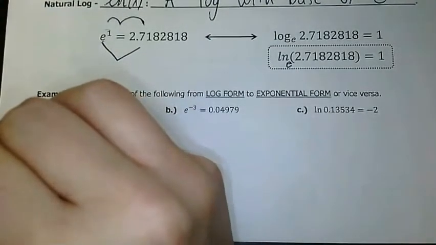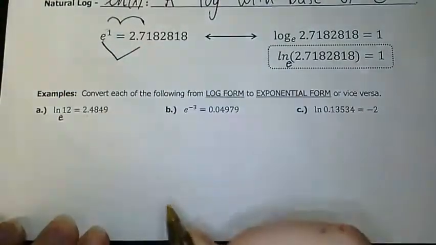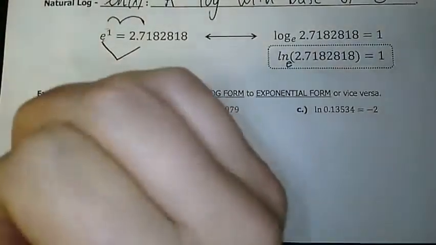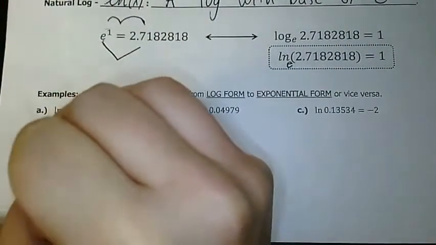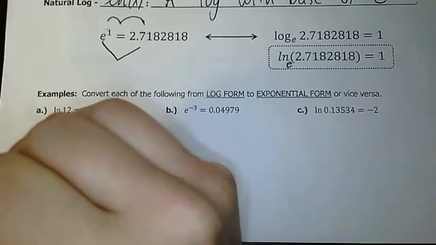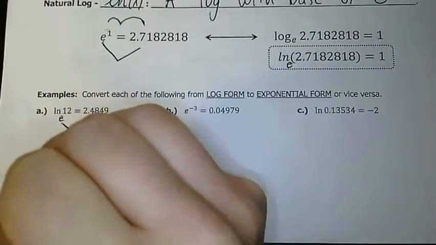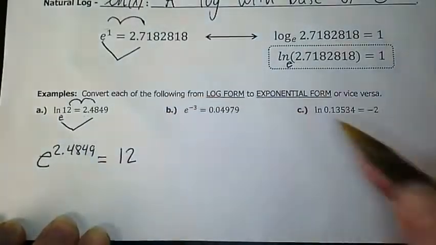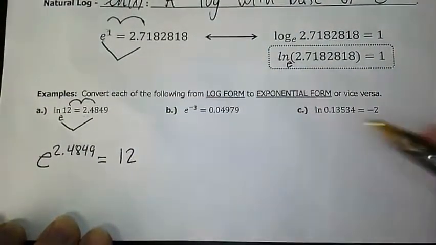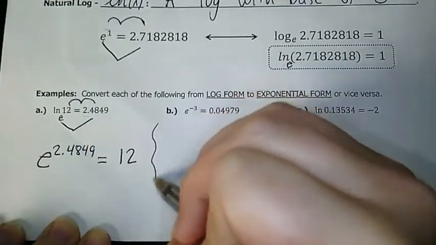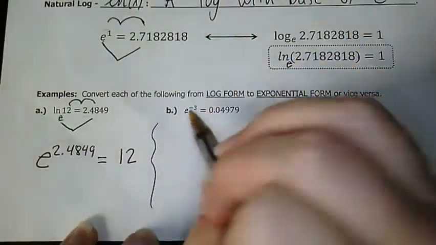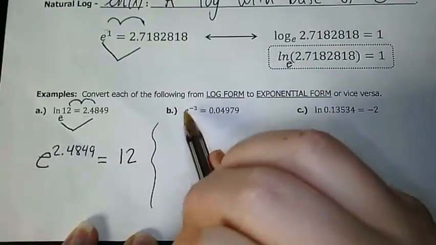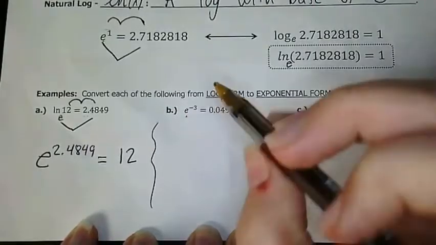Since it's ln, the base is an e. So e raised to the power of 2.4849 is equal to 12. Again, since our base is e, we're going to actually change it to a natural log.